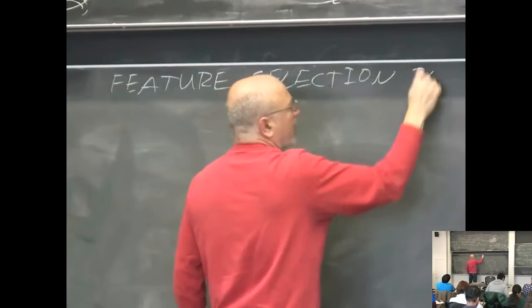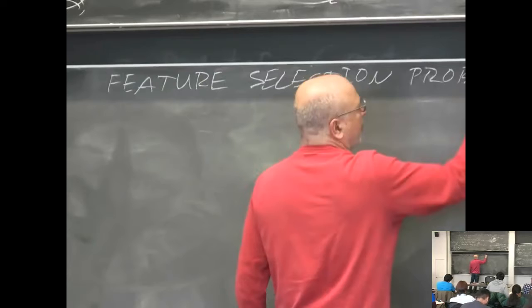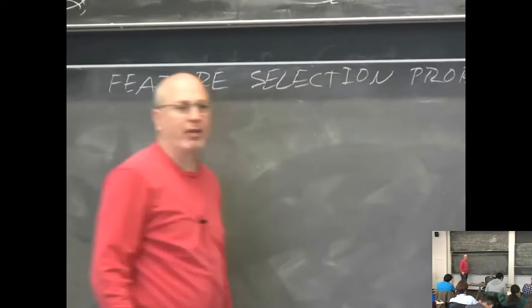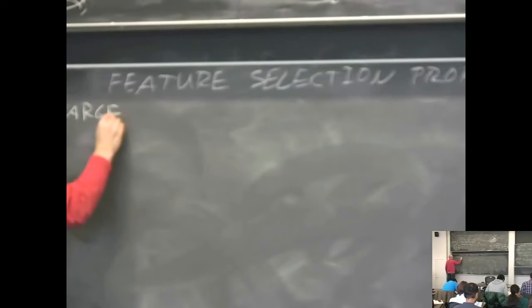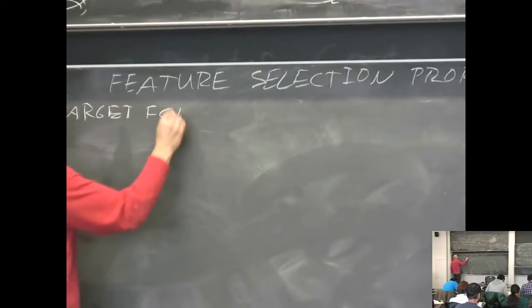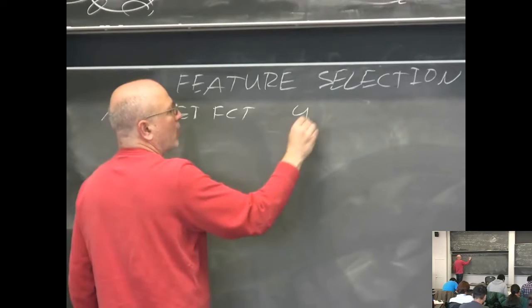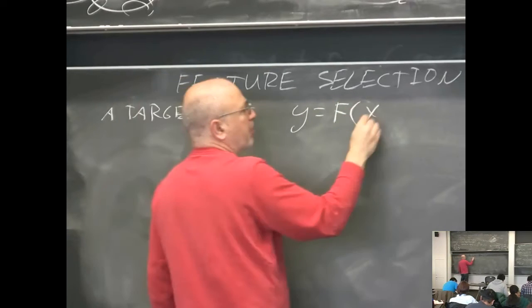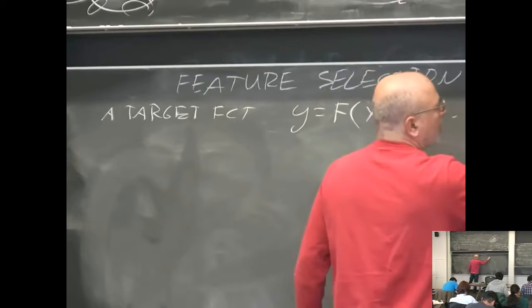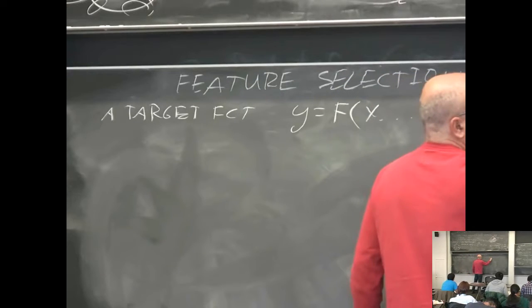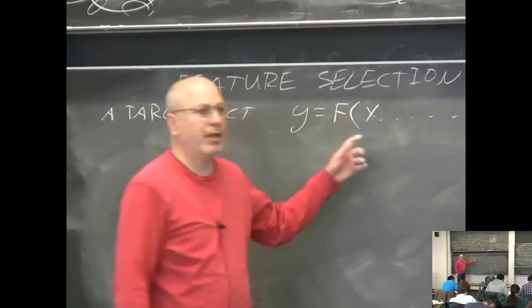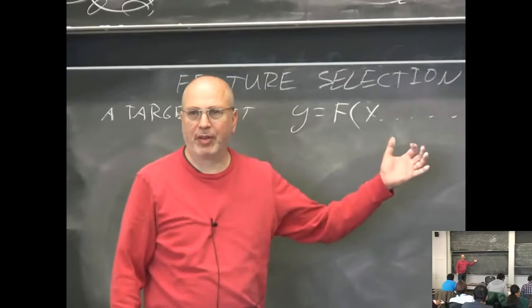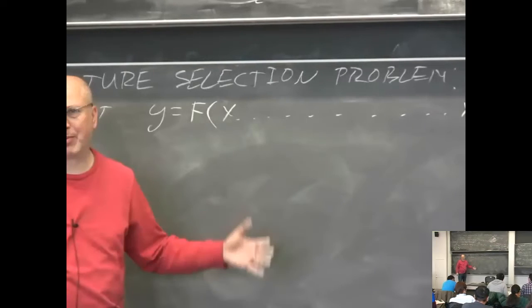The feature selection problem is defined also outside the context of information theory, where you have a target function Y, which is some function of the inputs x, a million of them. And we believe that it's really a function of only a small number of them, and we're trying to find out which ones.